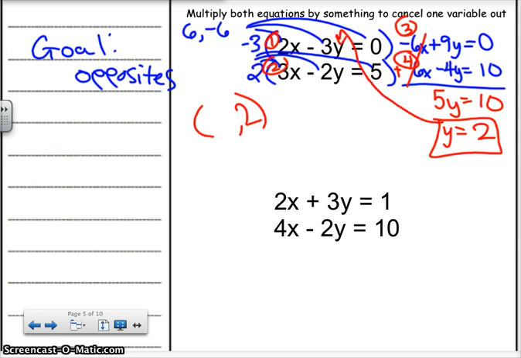The equation 2x minus 3 times y equals 0. 2x minus 6 is 0. 2x is 6. X is 3. So these two lines intersect at the point 3, 2.